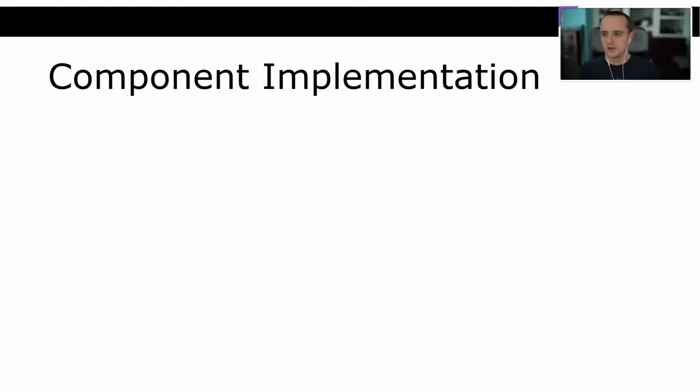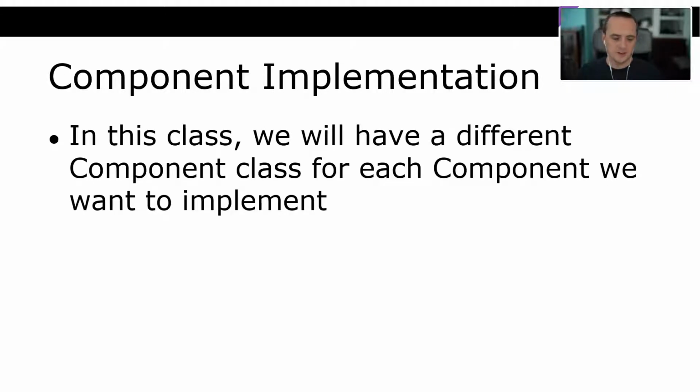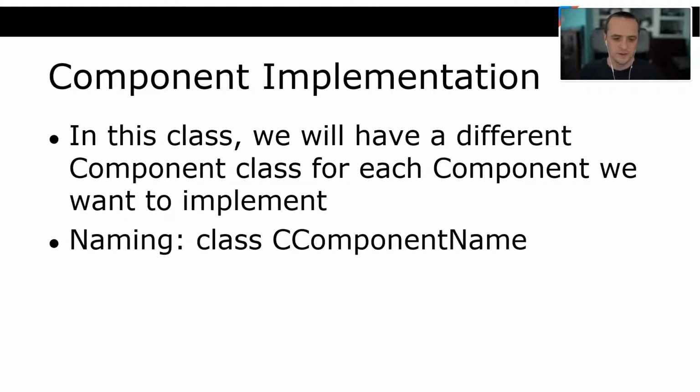Okie doke. So in this class, we are going to have a different component class for each component that we want to implement. So the naming we'll have capital C at the beginning, and then we'll have the component name. So for example, the transform component will be called C transform. If we have a bounding box component, it will be called C bounding box.